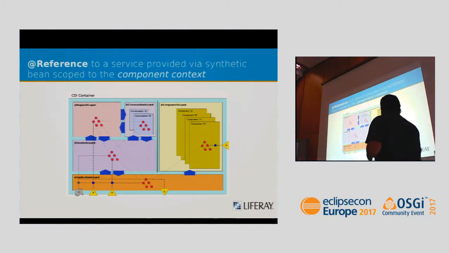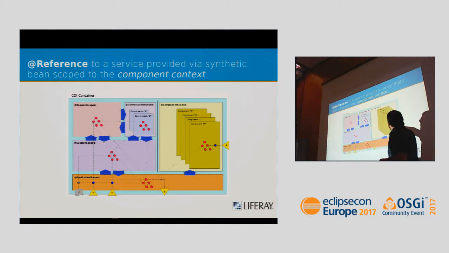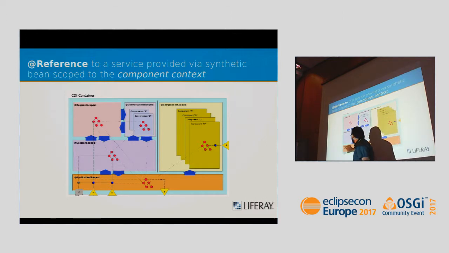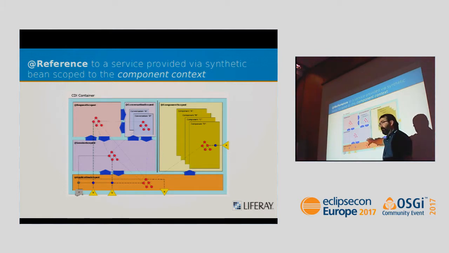And so a component will be able to have a reference. One thing you might find here is that all of the dependencies that were defined in the application portion of our CDI container all pass through the application scope. However, our components' dependencies don't pass through the application scope. They actually belong directly to each component.